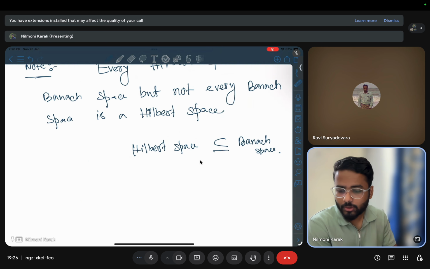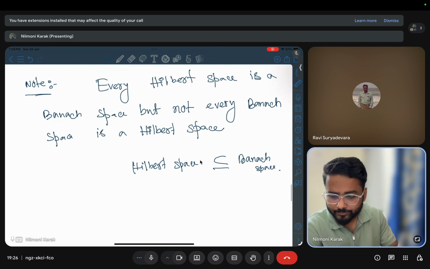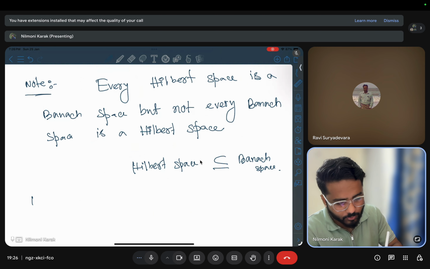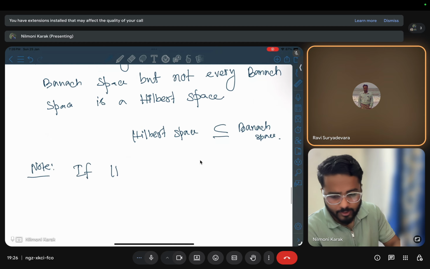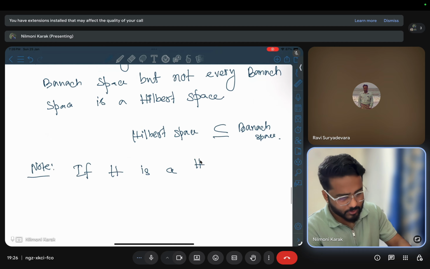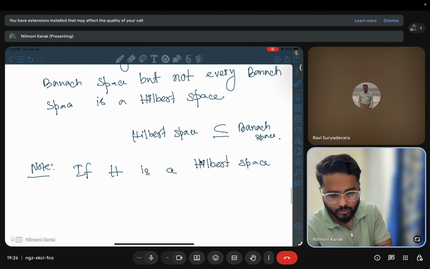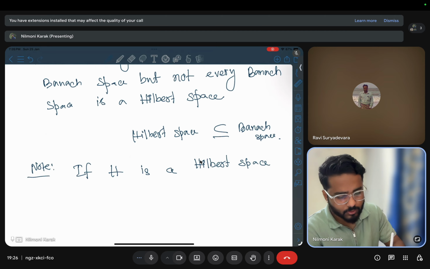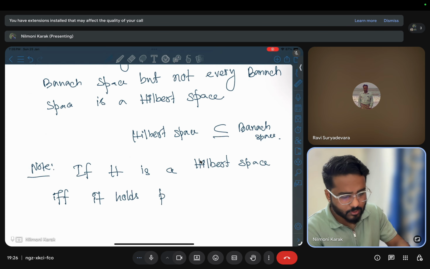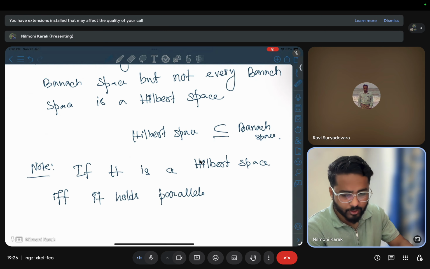Also one property: H is a Hilbert space if and only if it holds the parallelogram law.